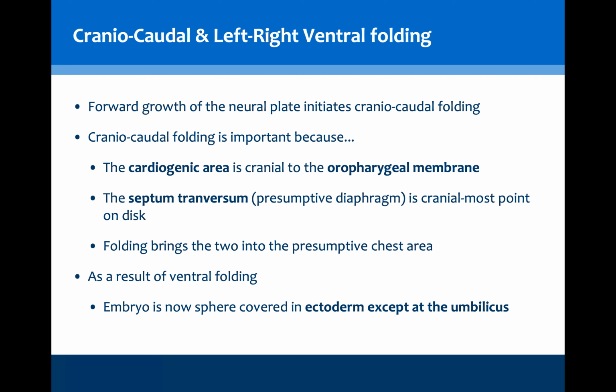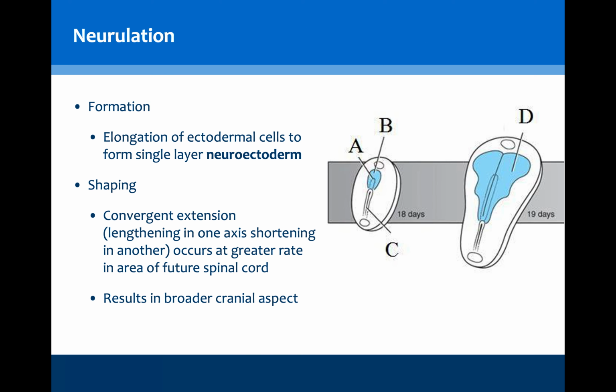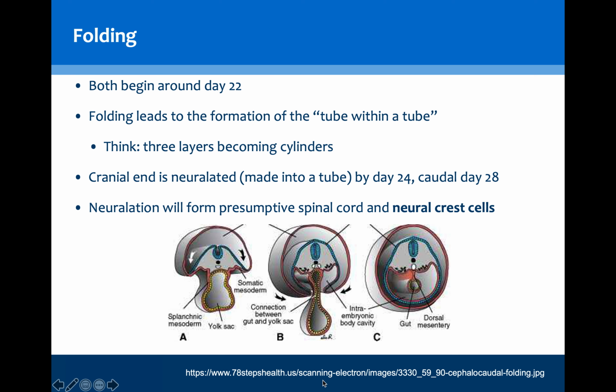And so you need this forward growth of the neural plate, and then this cranio-caudal folding, so these cranial aspects can fold round and come into the right area.